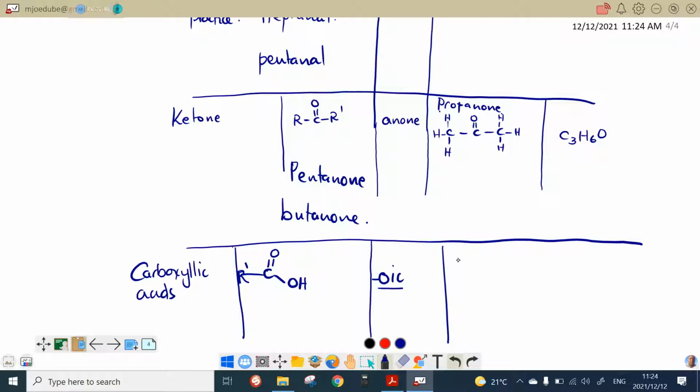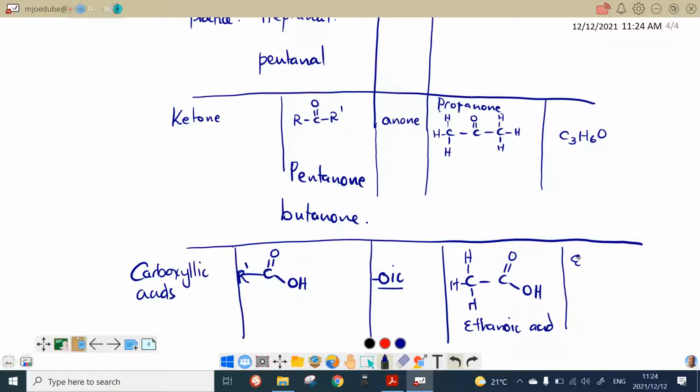So if you've got something with two carbons, you are going to have something that looks like this. So there's your functional group, and then you know that you are dealing with two carbons, so it's ethanoic acid.